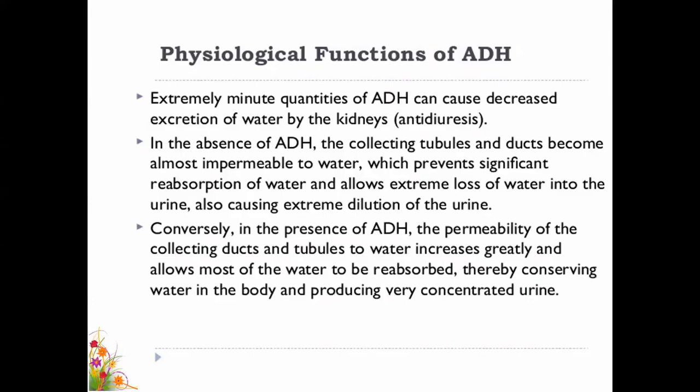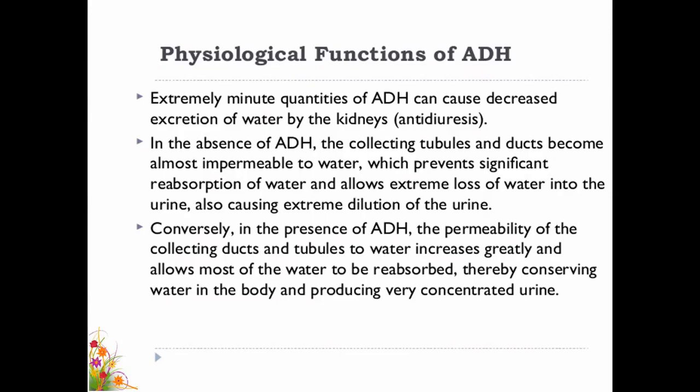That simply means, when there is no ADH, the water will not be reabsorbed into the body. So there will be excess loss of water with the urine, and the urine will be very dilute. Again, when there is no ADH, the water will not be reabsorbed into the body by the kidney, so most of the water will be lost through the urine.